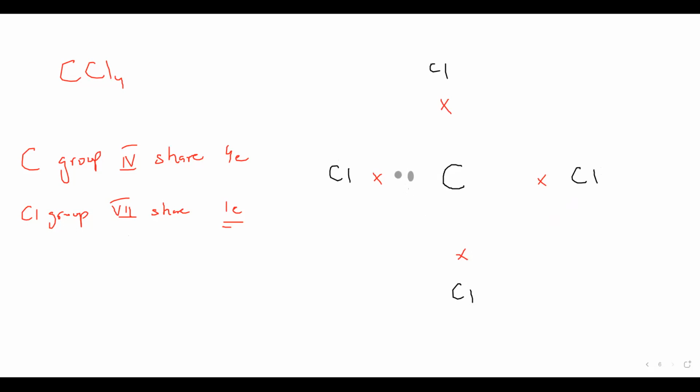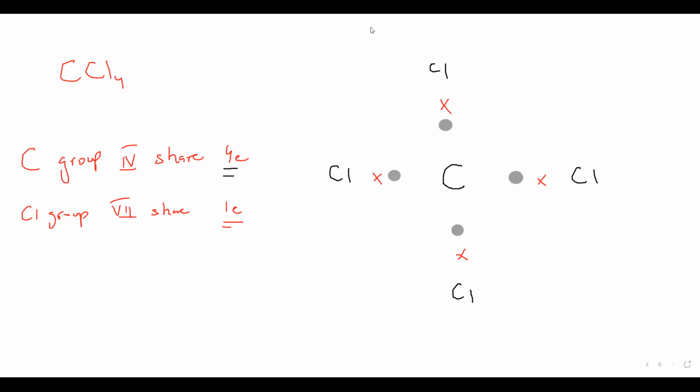If chlorine is sharing 1, carbon will also share 1 electron from that side. Same for each chlorine. So carbon already shared 4 and each chlorine shared 1.